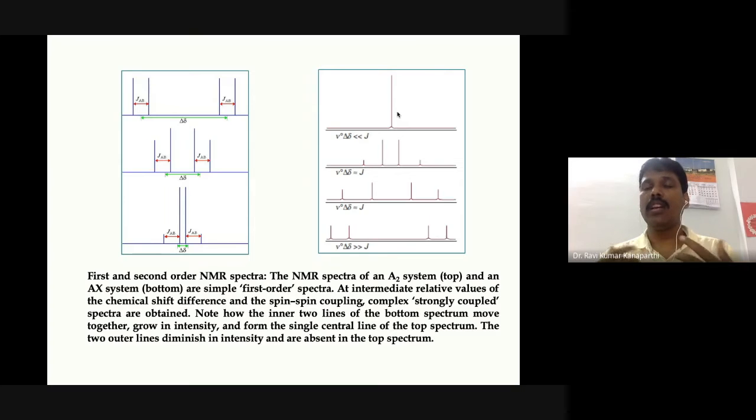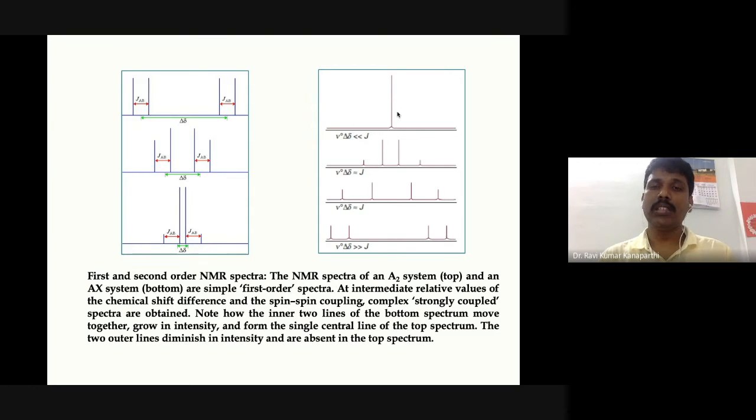That is why an A2 system always looks like a simple singlet, but it is not the case that there is no splitting and no coupling. There is a coupling, but both transitions are resonating at one radio frequency.